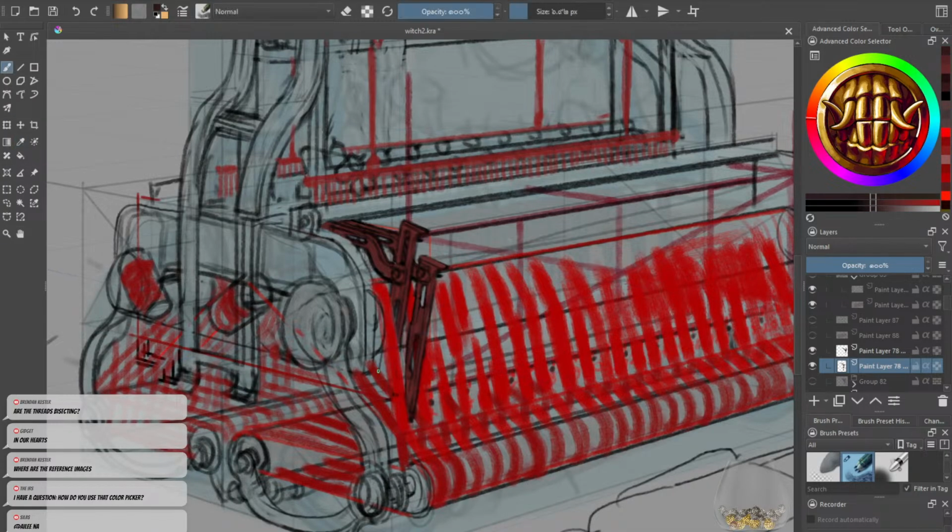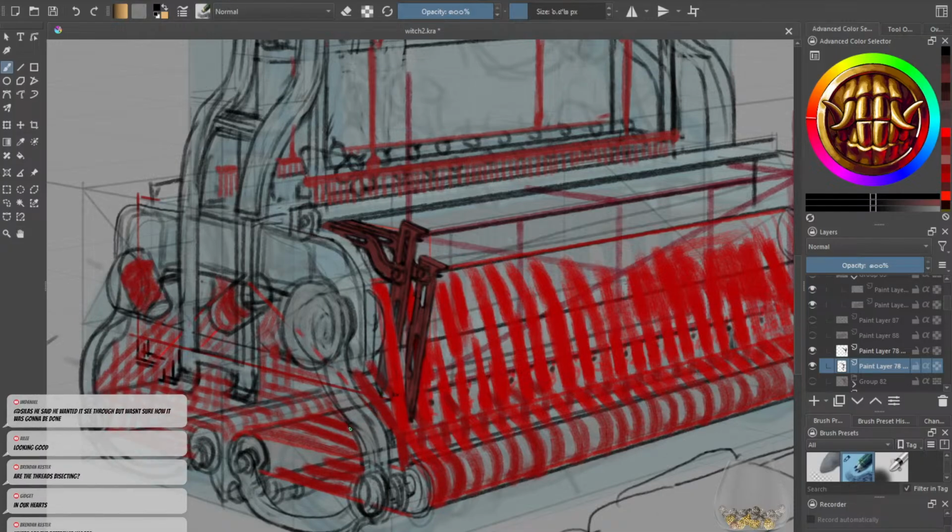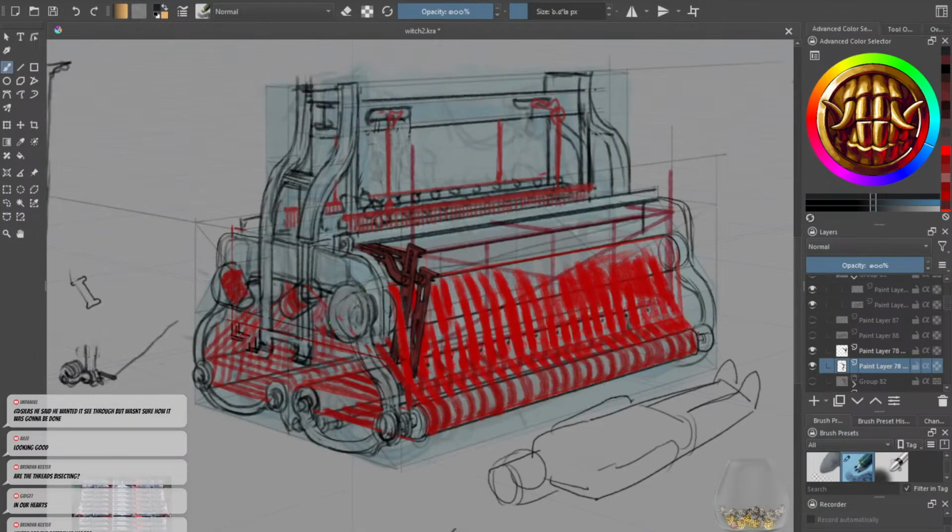I can also actually show where these go, faintly. Here. Yeah, there you go.